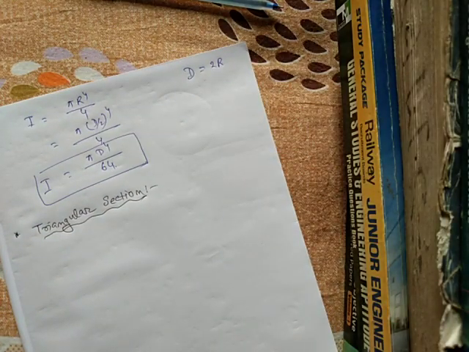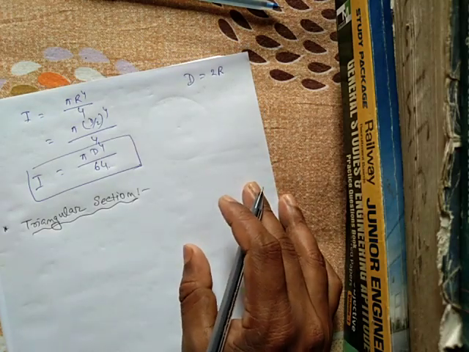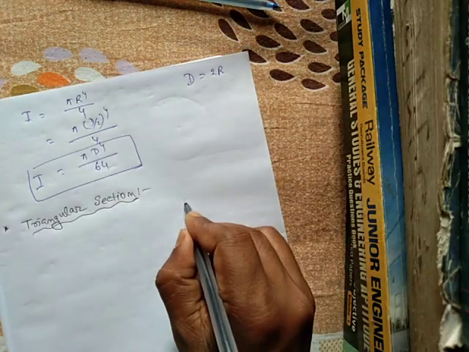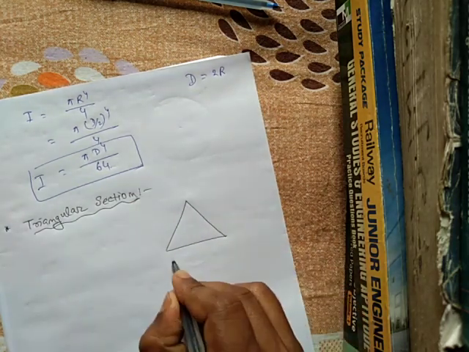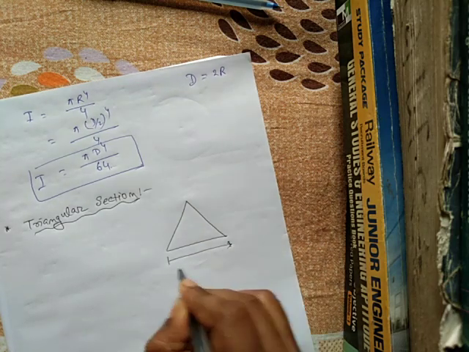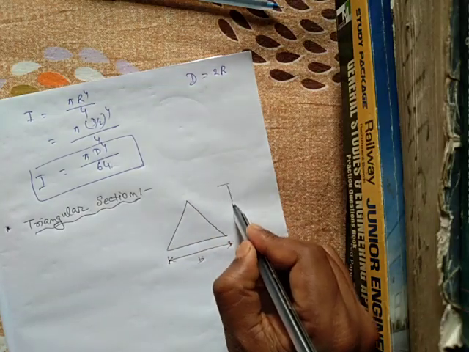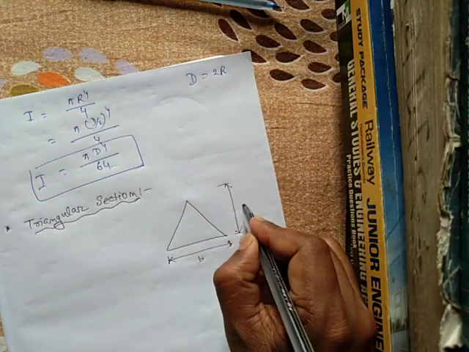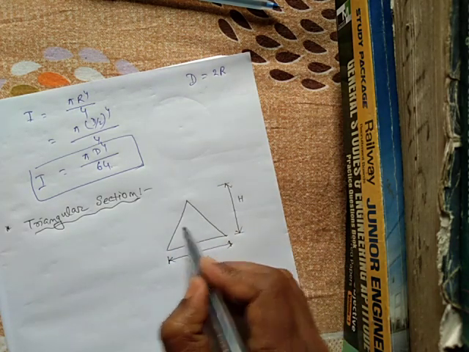Let me draw a triangle of base B and height of the triangle, say H. Now the CG of the triangle is at H by 3.